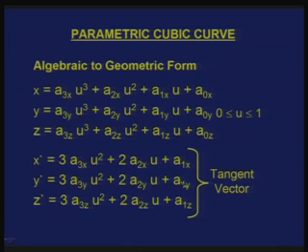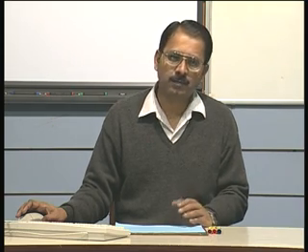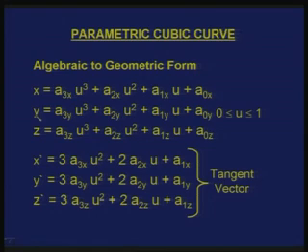Now, in geometric form of parametric cubic curve, instead of giving 12 unknowns as we do in algebraic form, you specify 2 points through which the curve is passing, starting point and end point. If I specify the starting point, that means I know the x, y, z values corresponding to u equal to 0. Then I also specify the end point where the curve is ending. You are supplying x, y, z which corresponds to u equal to 1.